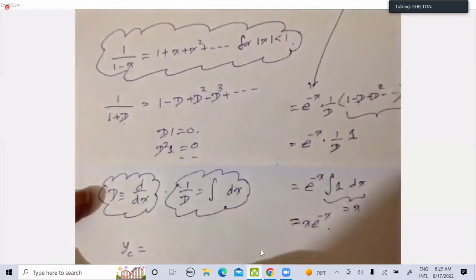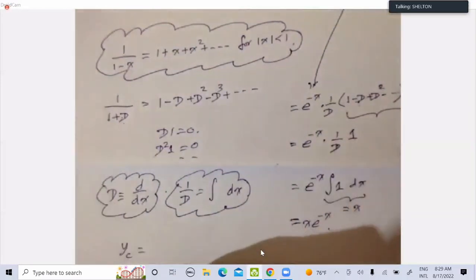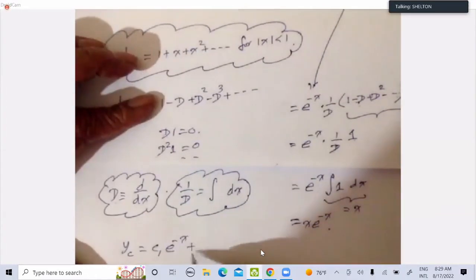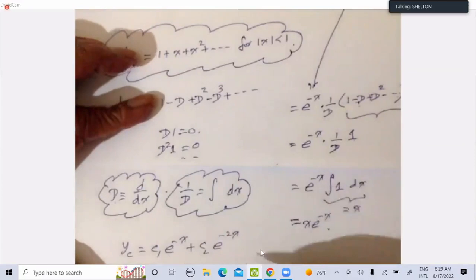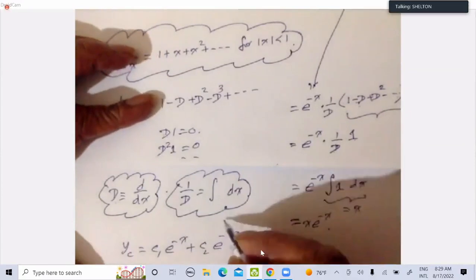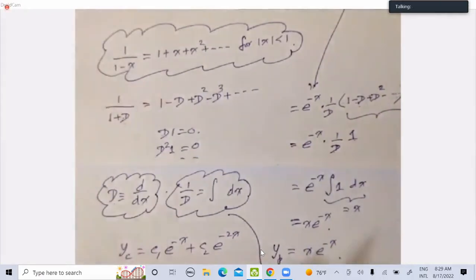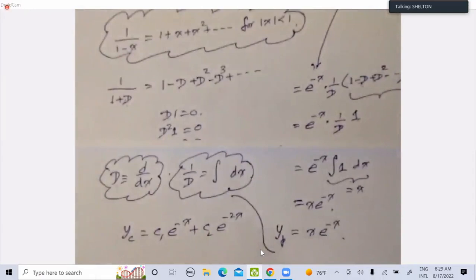yc we know, yc was what? C1 e to the minus x plus C2 e to the minus 2x. That is yc. Now from what we have done here, we know yp is equal to x e to the minus x.